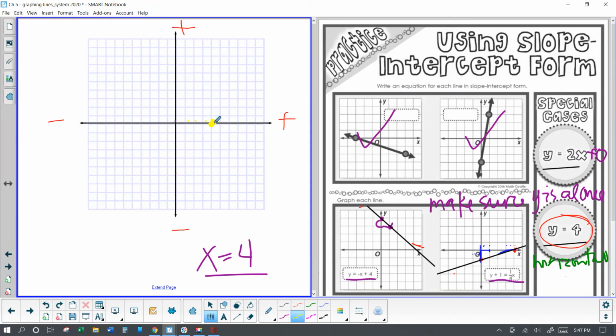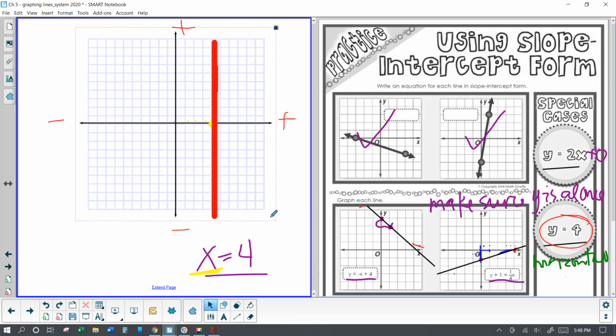This time I'm counting on my x-axis because I want to go where x is equal to 4. And then all I have to do is draw a vertical line where x is equal to 4. There we go. And that is the graph of my line x equals 4.